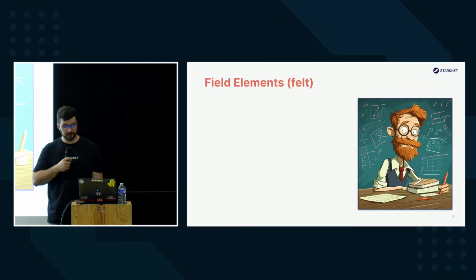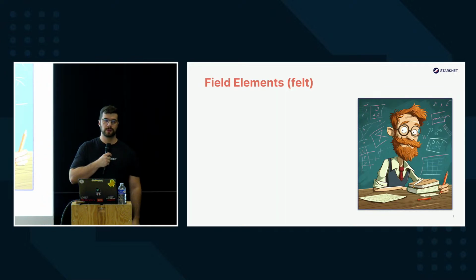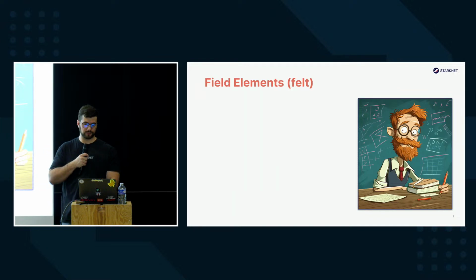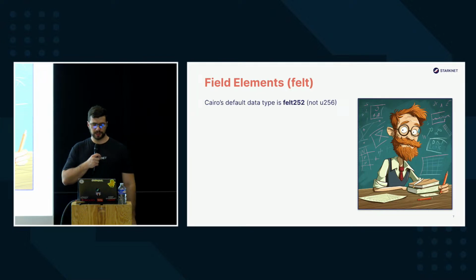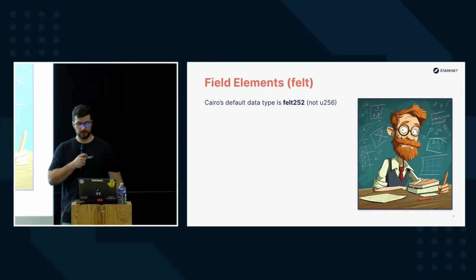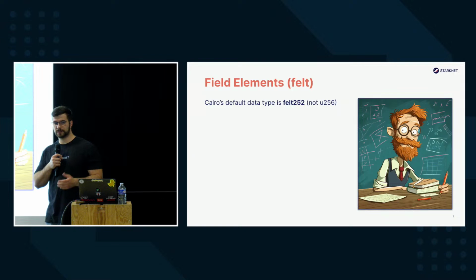Now, field elements. Field elements are a new feature in Cairo, something that you don't have in Solidity. And we have the short reference for field elements as felt. In Cairo, the default type is this field element, felt252, and it's not an unsigned integer 256 as in Solidity.